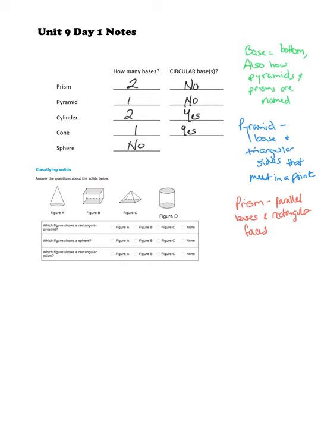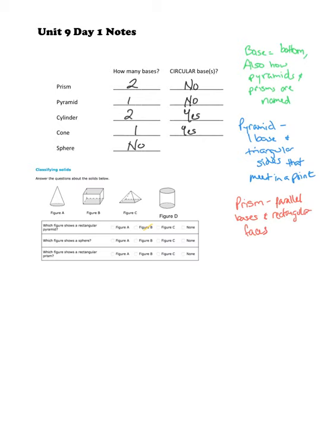Which figure shows a rectangular pyramid? All right, a pyramid has one base. Oh, one base. So that cannot be B, and that cannot be D. And it has triangular sides that meet in a point. Well, if you look at figure A, it does have one base, but that base is a circle. So that is not a pyramid.